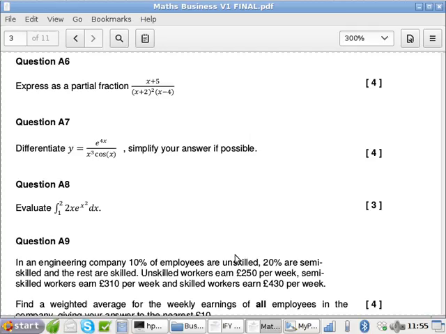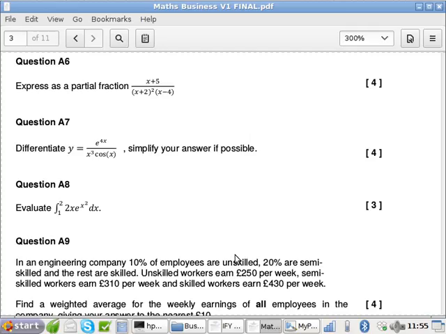Now, please note, usually they don't ask you to simplify, but in this question they do want you to simplify. So you're not finished when you have the answer, you have to simplify your answer.